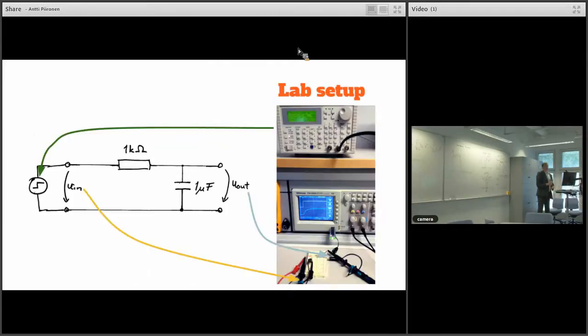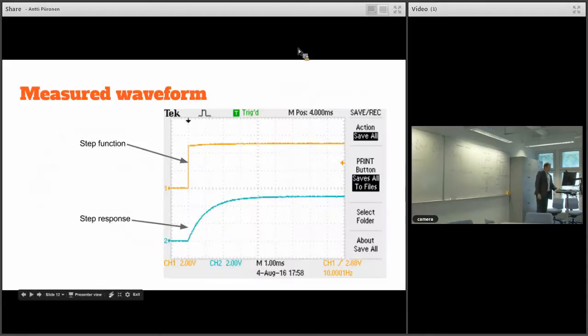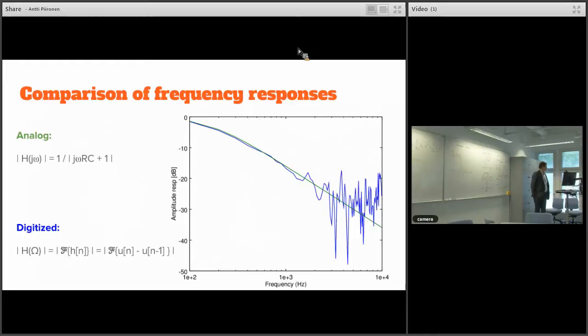Then I measured the impulse response. The lab setup was such that I ran a step function from the function generator, which is on the top of that picture, and then measured the input with one oscilloscope lead and the output with the other oscilloscope lead. Then I took that on a memory stick, got it on the computer, and did some magic.